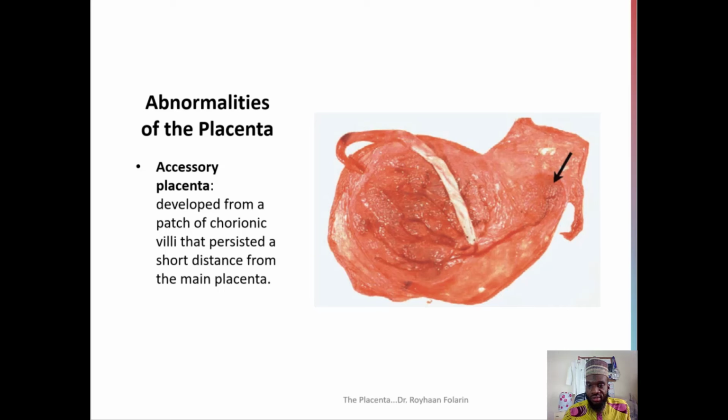However, when the chorionic villi persist on the entire surface of the chorionic sac, which is quite uncommon, a thin layer attaches to a large area of the uterus, and this type of placenta is known as a membranous placenta.